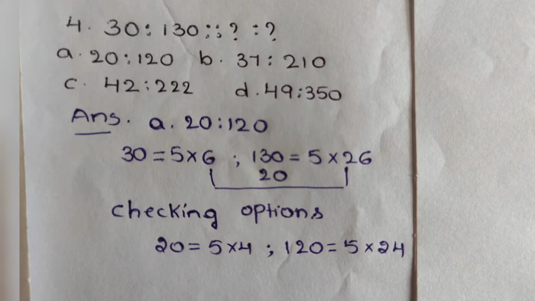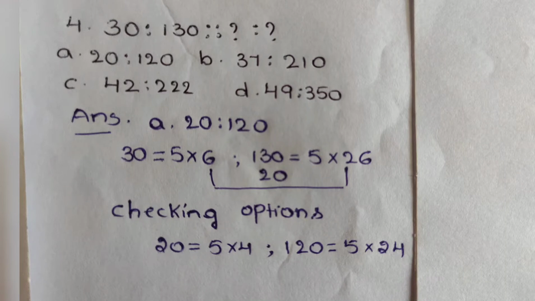So first let us find out what is the relation in the first set. So here the set is 30 is to 130. So 30 can be written as 5 multiplied by 6, that is 5 sixes are 30, and 130 can be written as 5 multiplied by 26, which is nothing but 130.